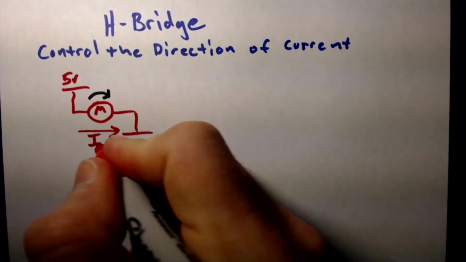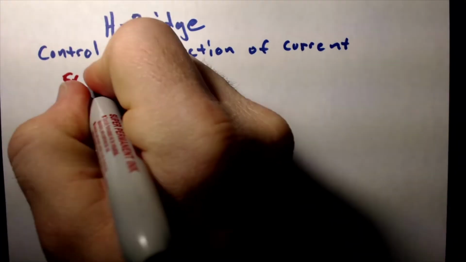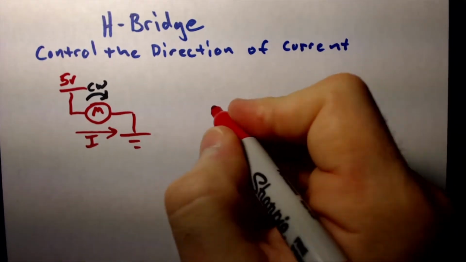Now, given this same exact motor, what do I do if I want to turn this motor in the other direction? Instead of going clockwise, let's say I want to go counterclockwise. Well, I just change the direction of the current, make the current go from the right to the left. If I do that, I get a motor that turns counterclockwise.